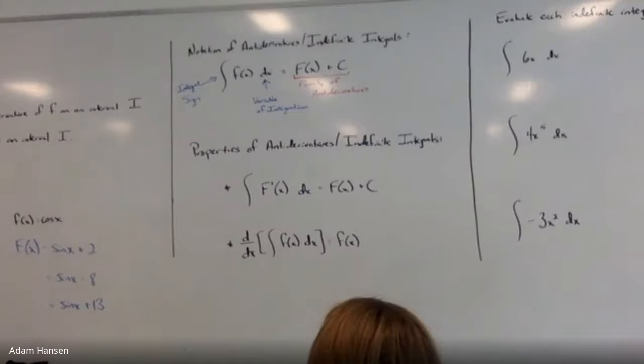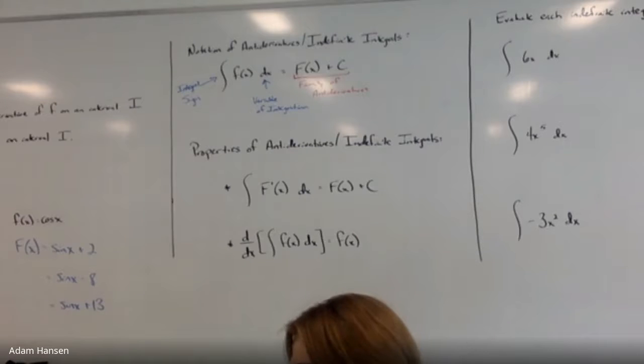Capital F of x plus c describes the entire set, or the entire family of antiderivatives. In other words, for some function f of x, that capital F of x plus c is otherwise known as the general solution.